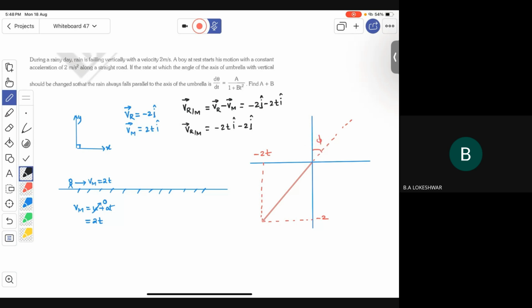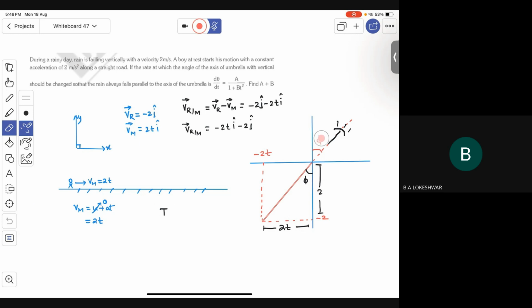We did a similar question in the last class, just something easier. This is how he must keep the umbrella to save himself from the rain. This angle is what they are calling theta. In that triangle, this length is 2t and this length is 2. So tan theta is going to be equal to 2t by 2, that is t.